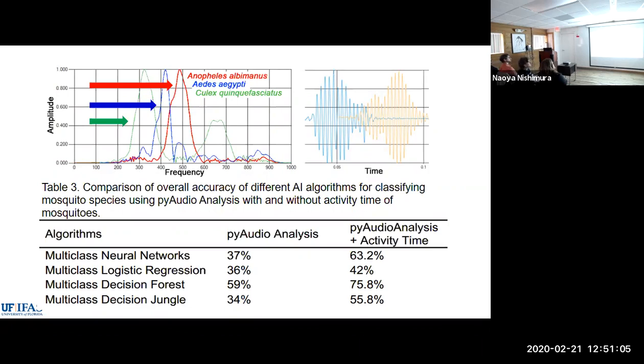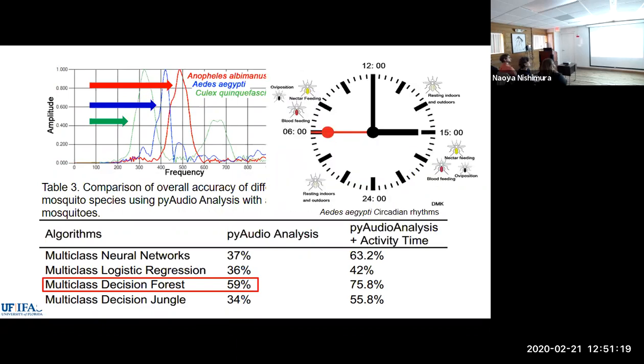And then we tried to find the most reliable and accurate model. It was a multi-class decision forest, and the accuracy to identify the mosquito was around 60%. But if we add more information, such as circadian rhythm and geographical distribution, it goes up to around 76%.